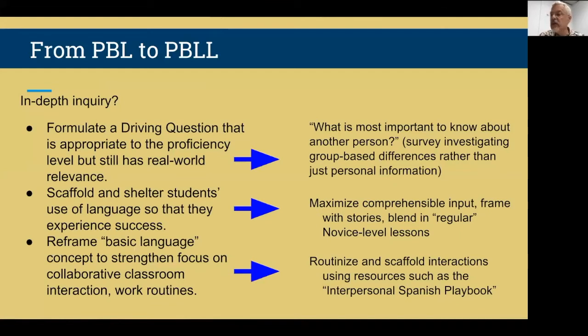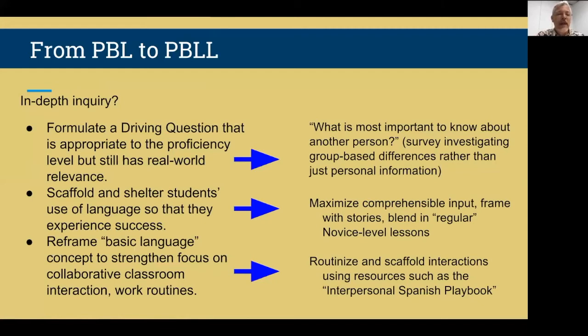Finally, regarding changes in this concept of basic language, what is basic language? PBLL would necessitate a shift in the instructional target construct away from the language that you might use if you were going to visit France someday to the language that you need to use right now to work through pieces of the project.